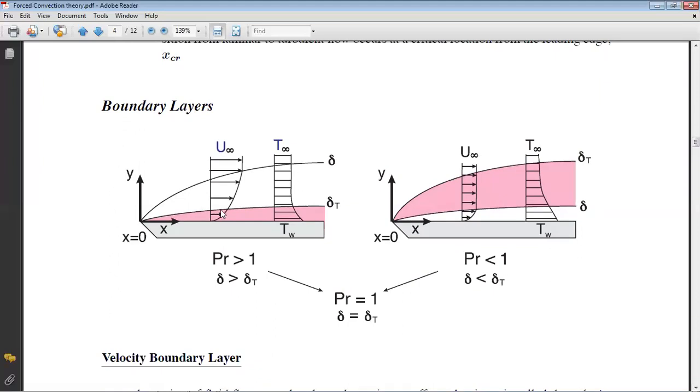I can see here the point very adjacent to the plate is having zero velocity. As we move up, the velocity goes on increasing. At some point, the velocity will be equal to the mean stream velocity u infinity. Now, within the boundary layer, the velocity will be less than that of the mean stream velocity.